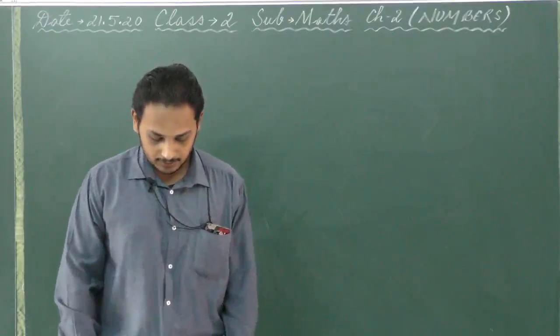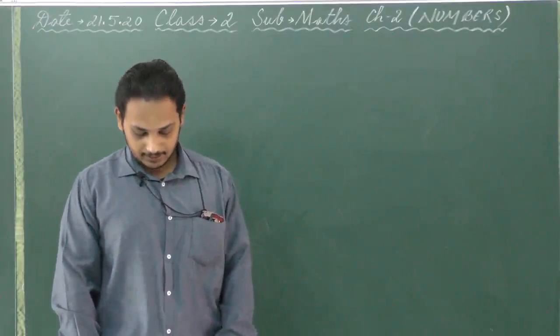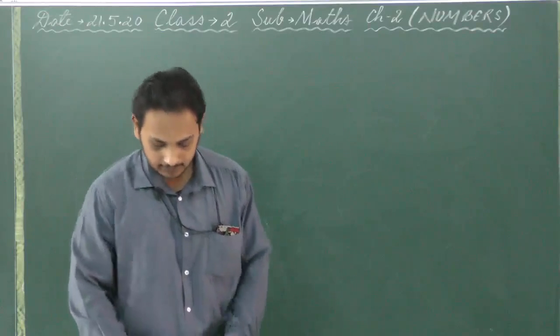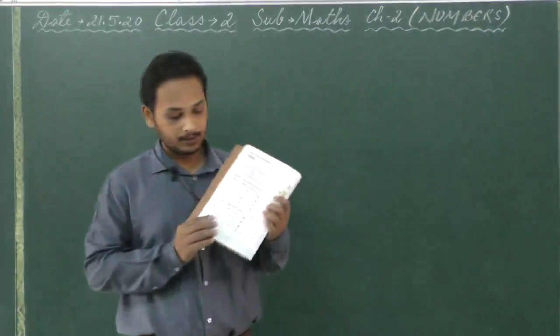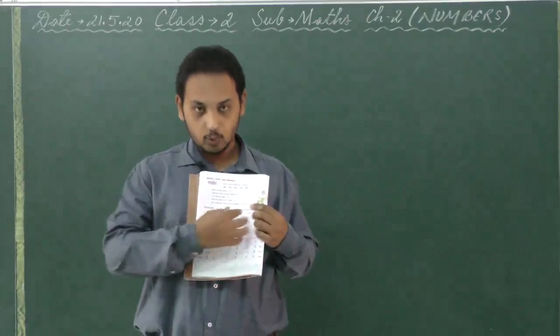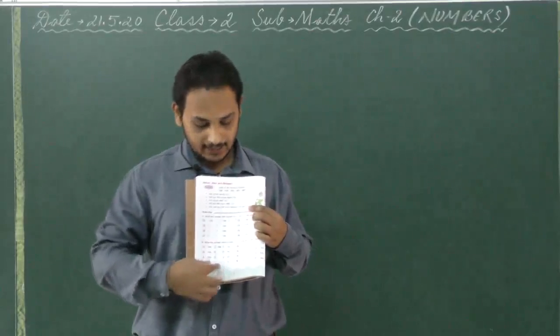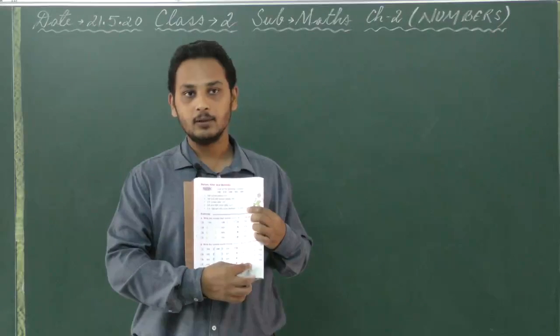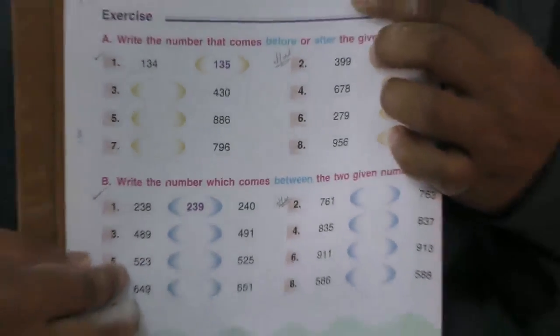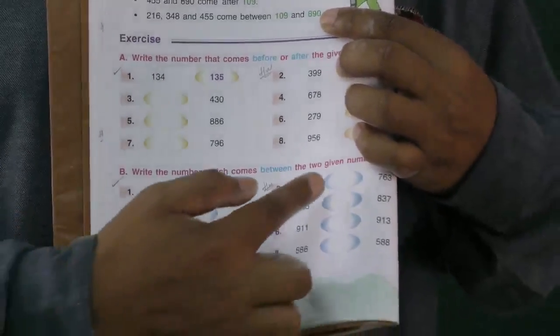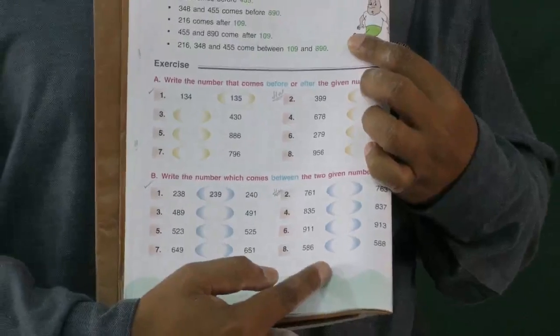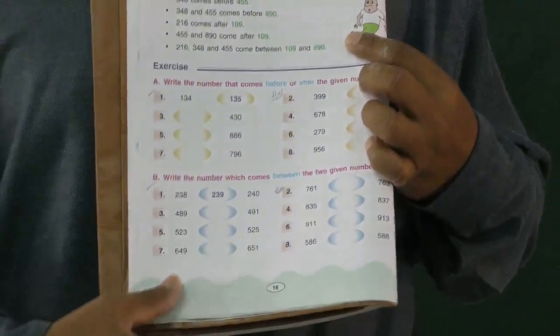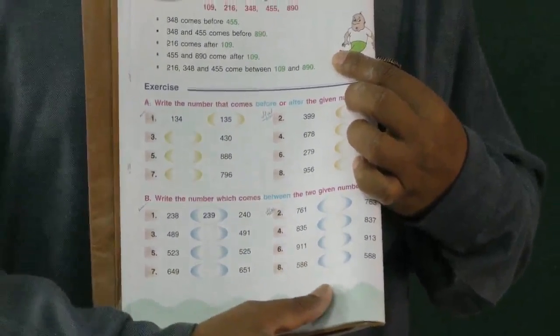These numbers I will do now as you can see in your book. There are two columns given here, on the right hand side and the left hand side. The column on the left hand side, I will do with you now, and the column on the right hand side is for your homework. Left hand classwork, right hand homework.